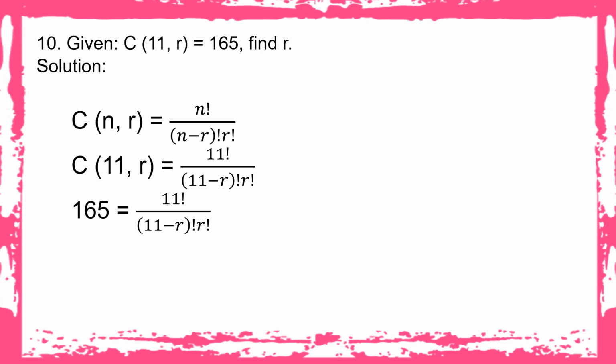So, 165 is equal to 11 factorial over 11 minus r factorial multiplied by r factorial. Get the prime factors of 165. So, the prime factors of 165 are 11 times 5 is 55 times 3 is 165.